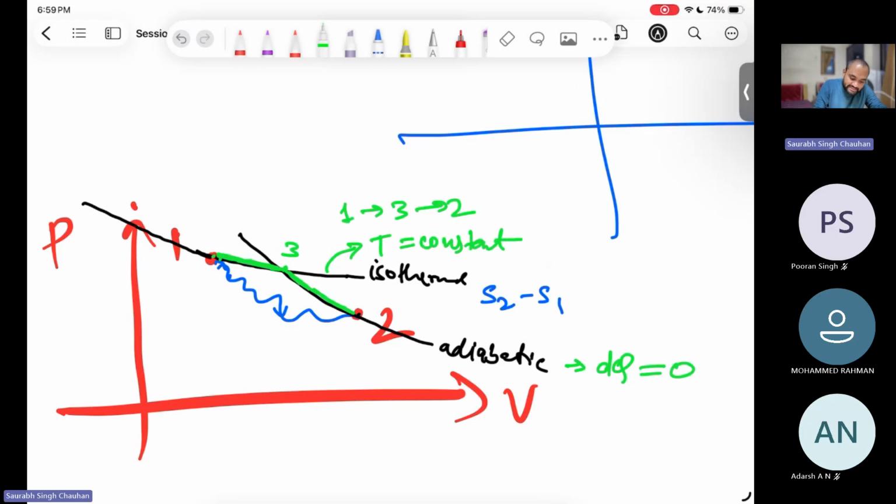So the heat interaction between point 1 and point 3 divided by the temperature along this isothermal path will be the entropy change from point 1 to point 3, right? And along the adiabatic path there is no heat interaction, so the entropy change will be 0. Correct? So you can easily calculate the entropy change.